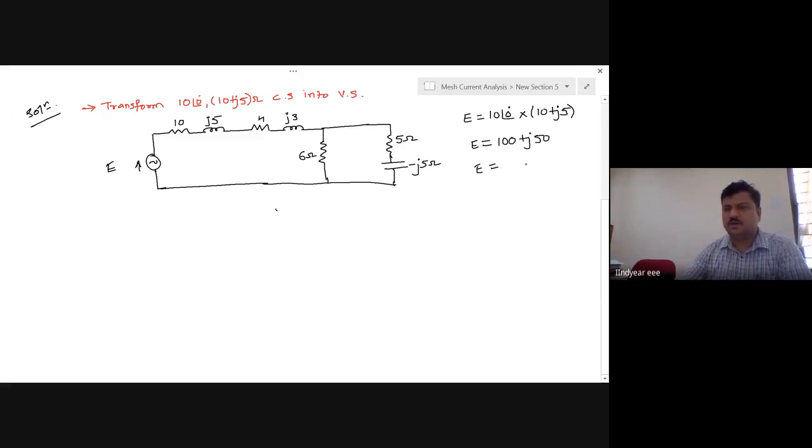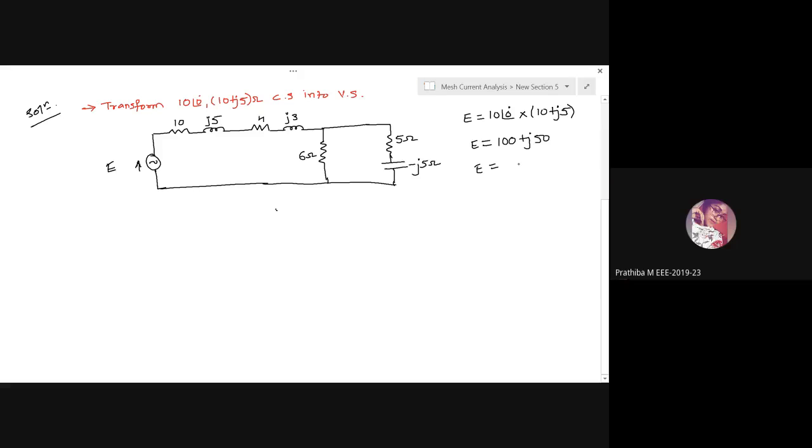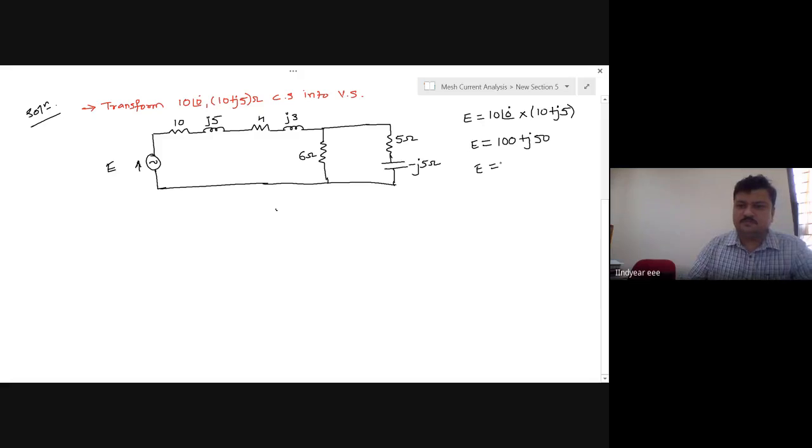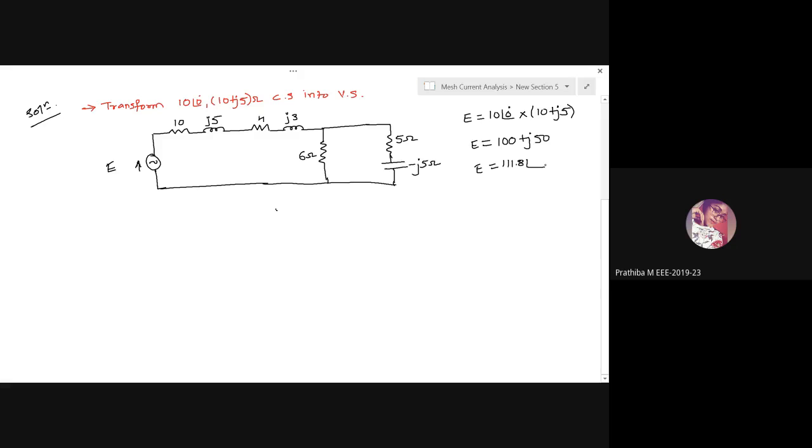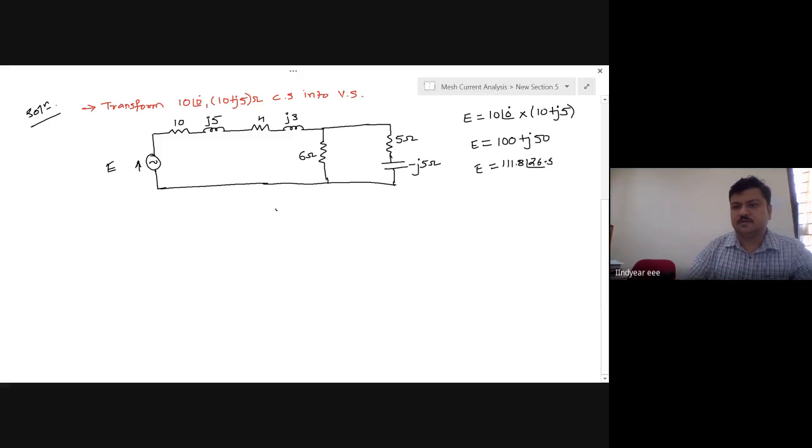Now what is this value in rectangular and polar form? 100 plus J50, which is 111.8 at an angle of 26.5 volts.